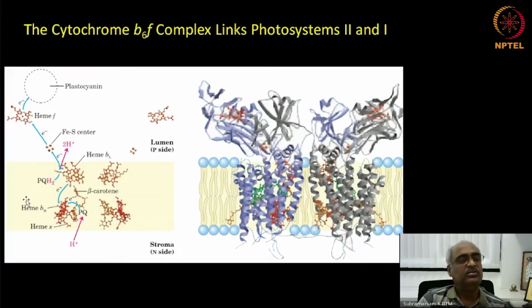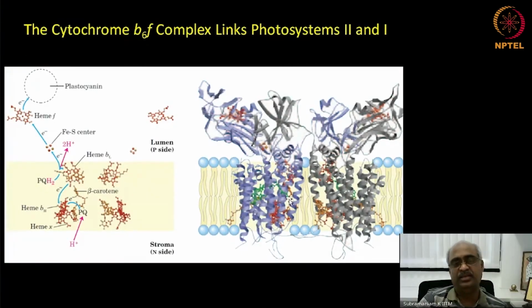So this is the path of the electrons here, and during this process the conformational changes that happen in this complex due to the electron flow ends up pumping protons across the membrane, just like what complex 3 in mitochondria did.